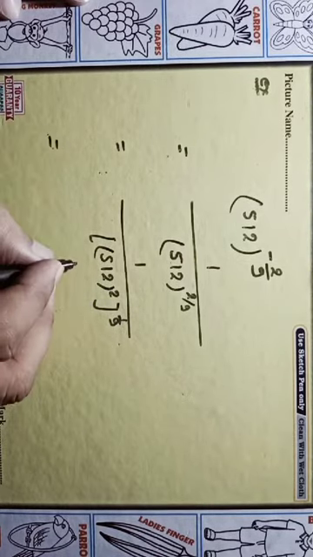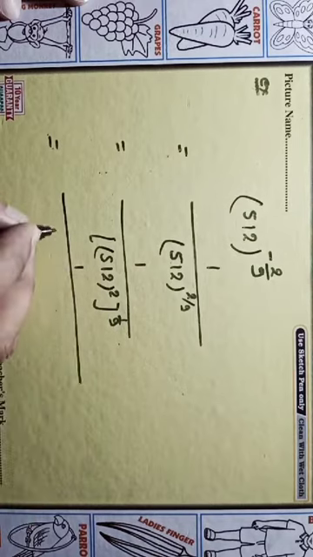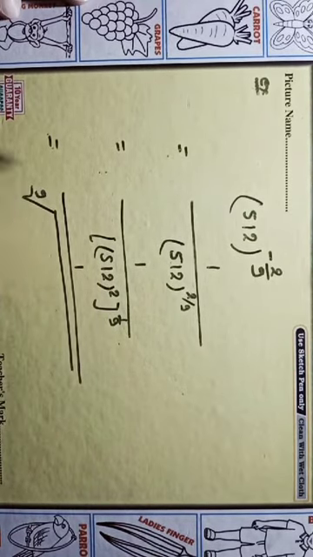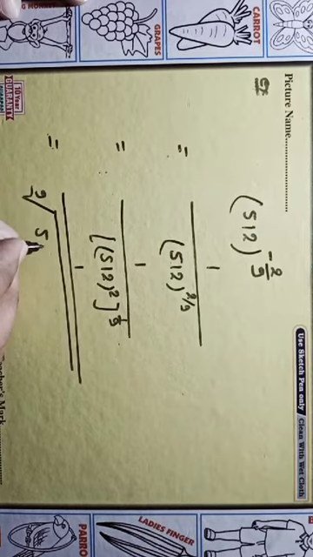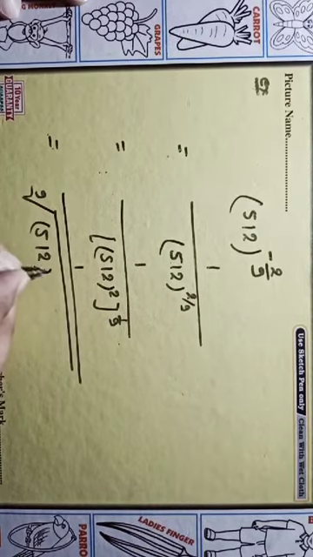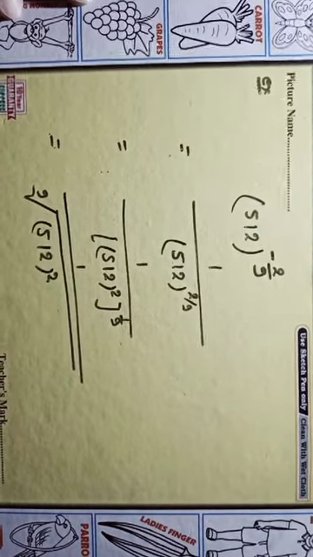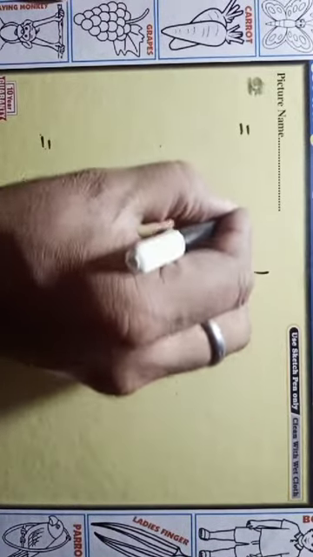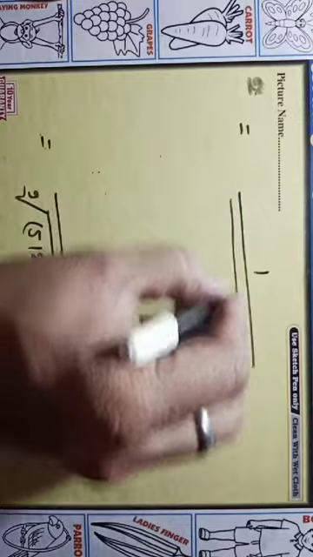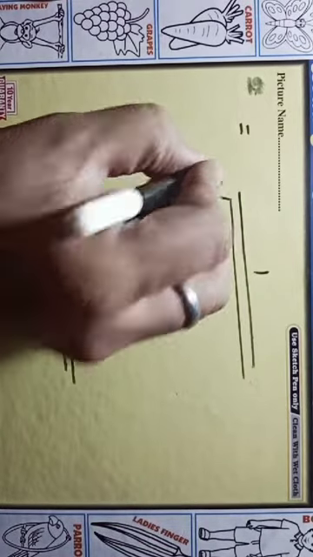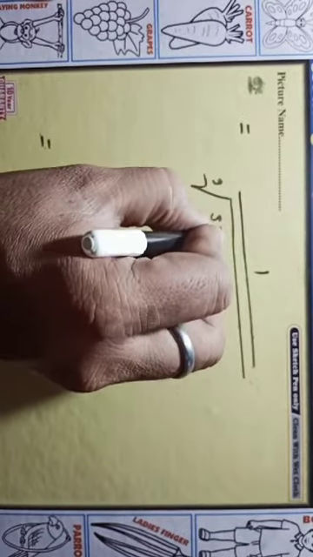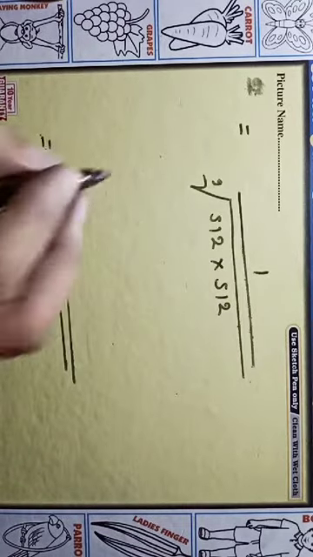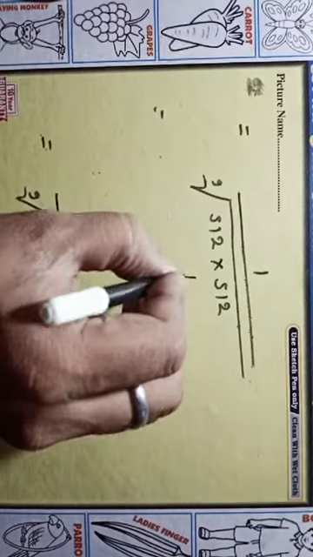Now the index becomes 9 and this value becomes 512 squared. Now this value becomes 1 by the 9th root of 512 multiplied by 512.